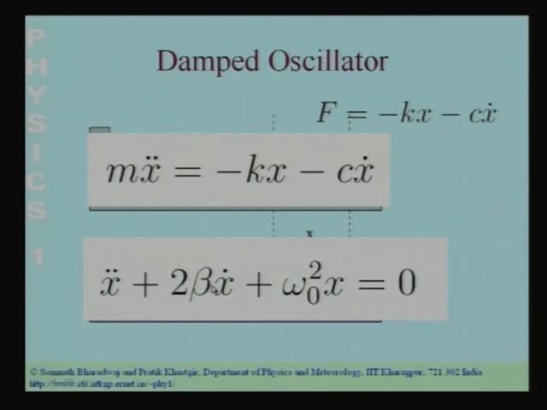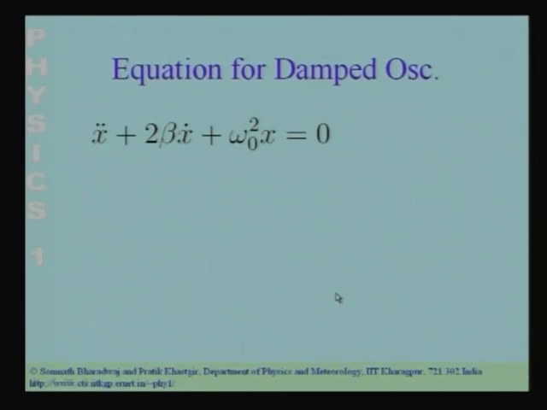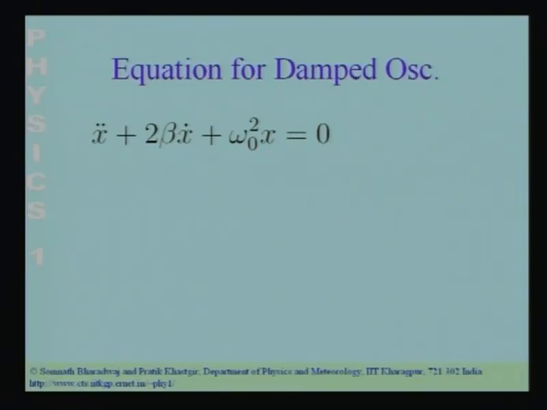Now next we shall discuss how to solve this equation. So, this is the equation which governs the motion of a damped oscillator. Notice that this equation is a second order differential equation and it is homogeneous in the variable x. So, we proceed to solve this equation by considering a trial solution, x as a function of time, and the trial solution is a constant e to the power alpha t.